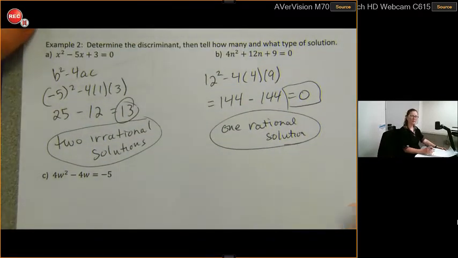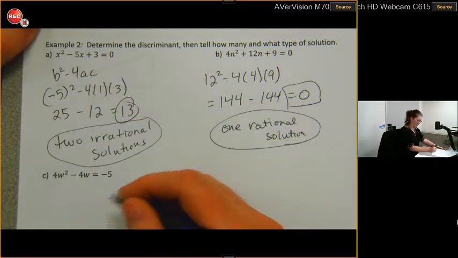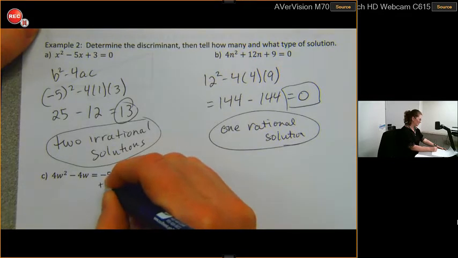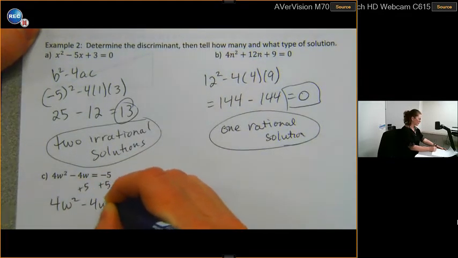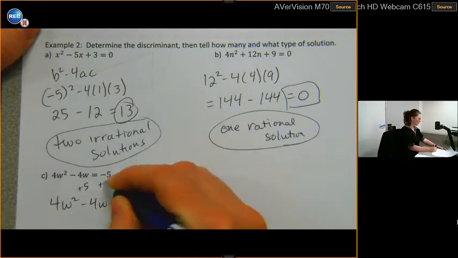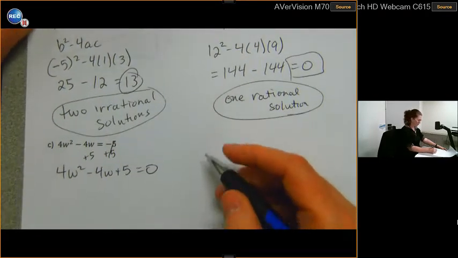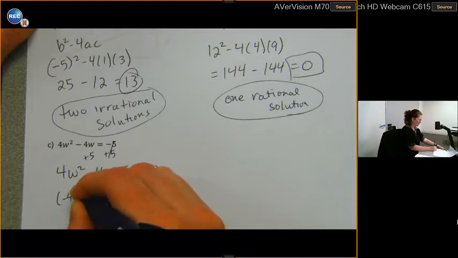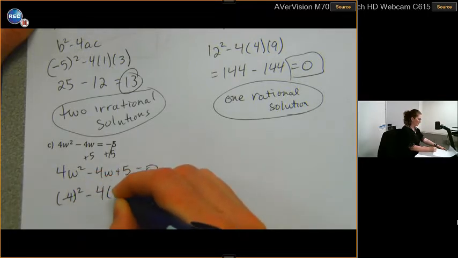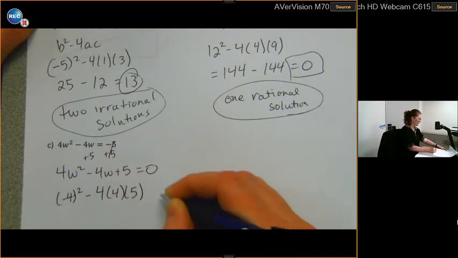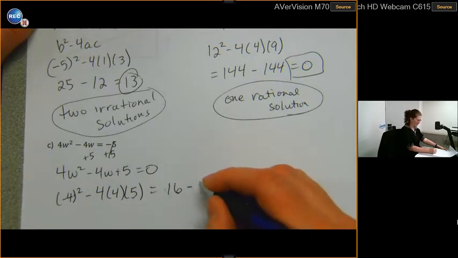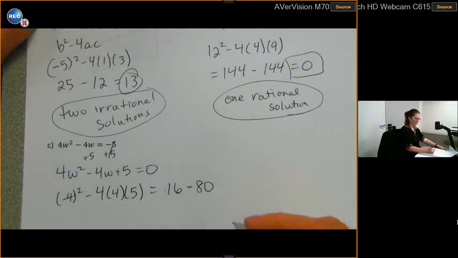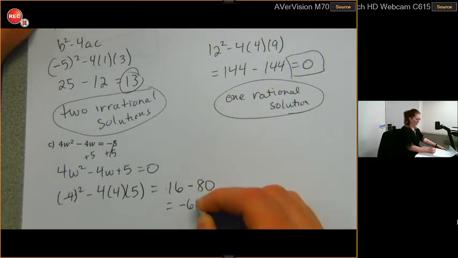On part C, to find the discriminant, the first thing I need to do is make my problem equal to 0. So I'm going to move that 5. And then I do b squared minus 4 times A times C. And I have 16 minus 80, which is negative 64.